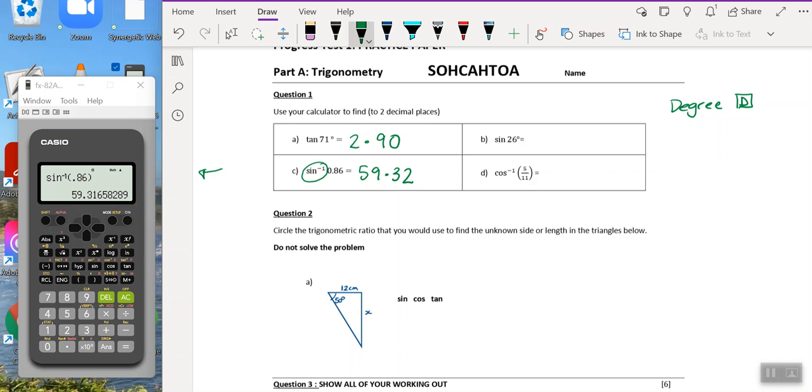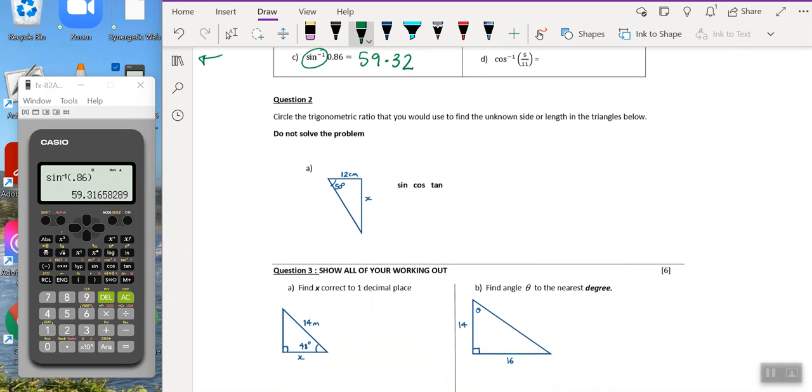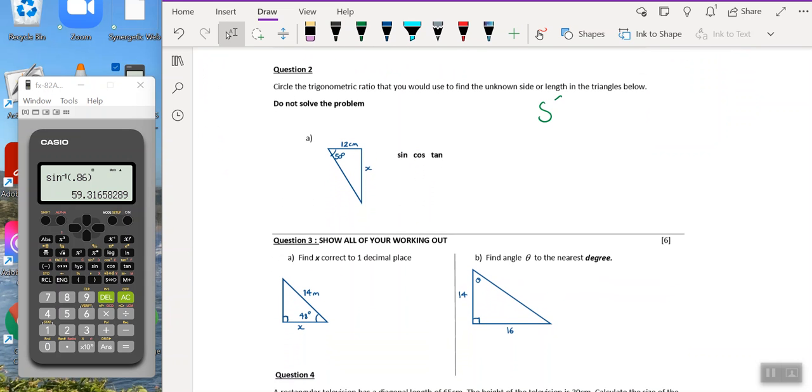Now for question number 2, we need to remember how to use SOHCAHTOA. So in class, we wrote it like this, and we have to remember how to label all our sides. Now it doesn't matter which angle we're using, this side is always the hypotenuse, the longest side.